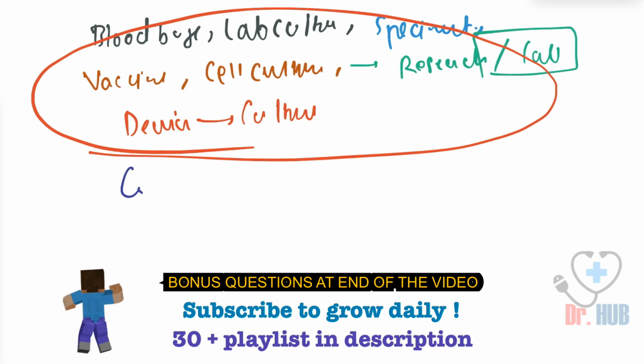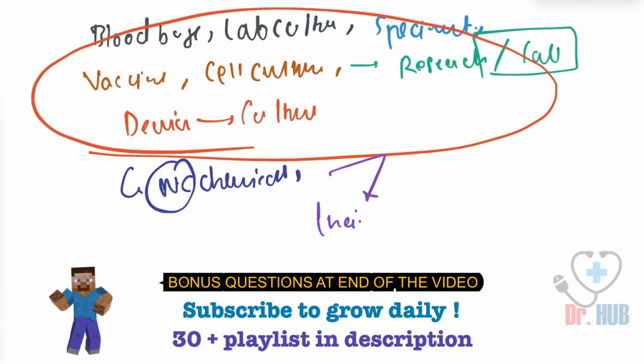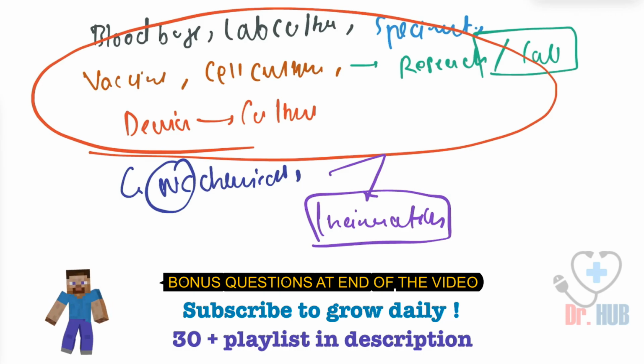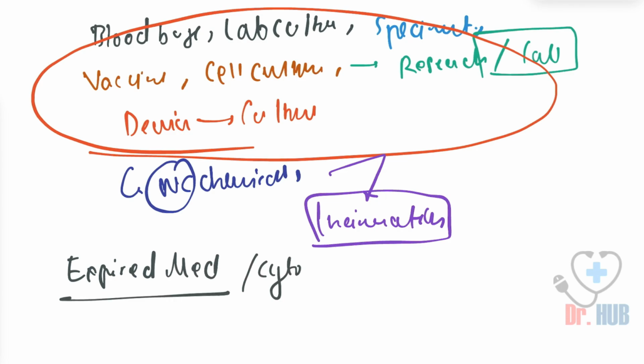How is all this disposed? There is pre-treatment with non-chlorinated chemicals, and later incineration can be given. Then we look at expired discarded medicines, including cytotoxic drugs.